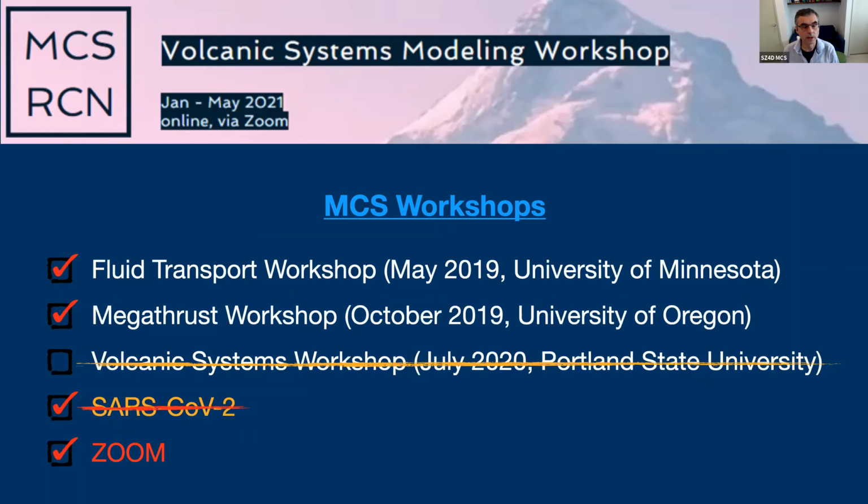One is a fluid transport workshop in May of 2019 at the University of Minnesota. A megathrust workshop in October 2019 at the University of Oregon. Reports coming out of those workshops are available on the MCS website.